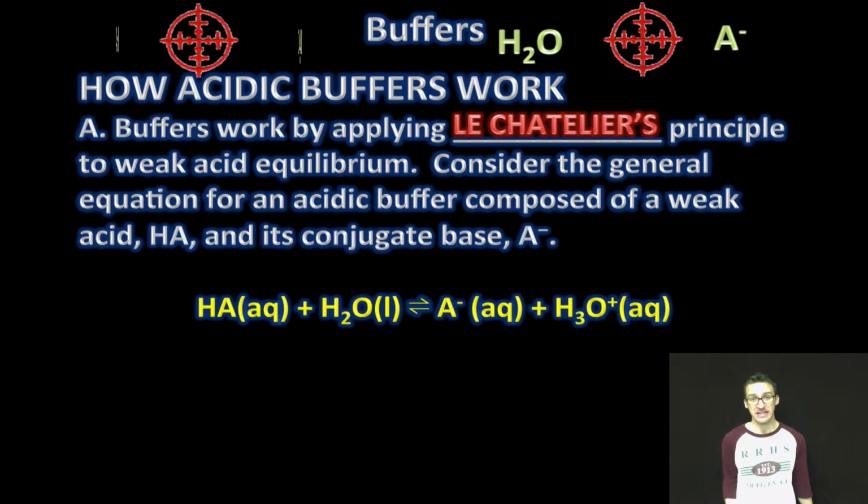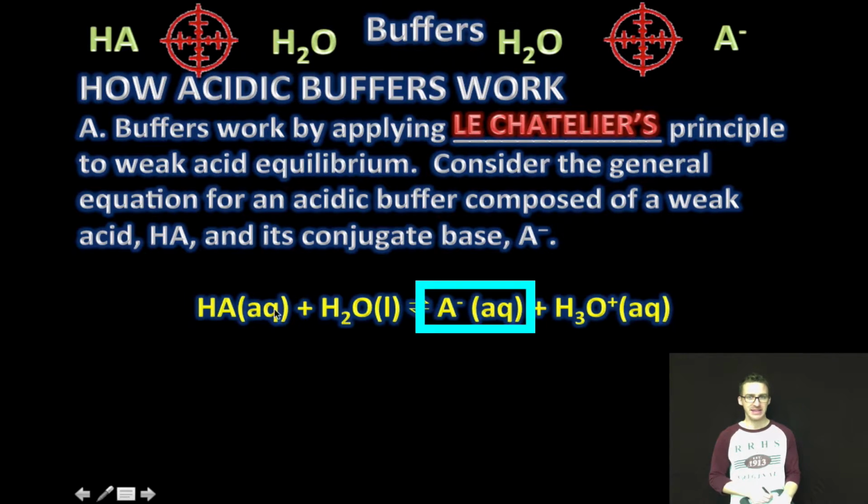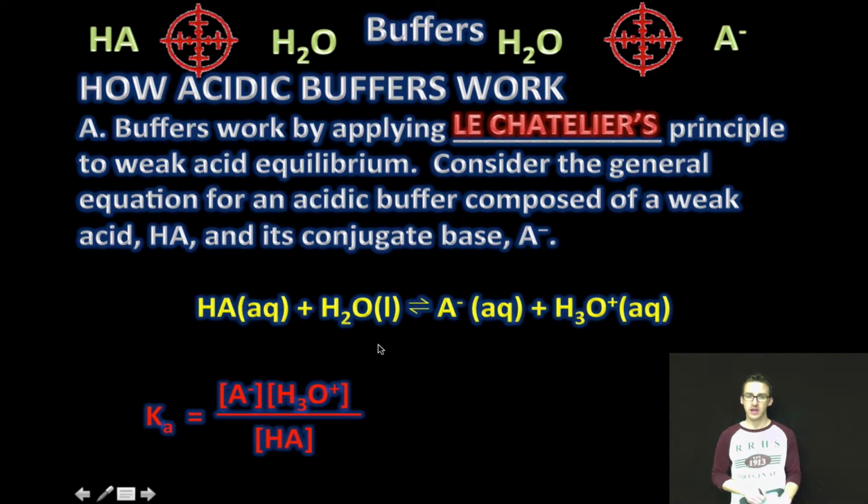How do they resist changes in pH? So let's consider the general equation for an acidic buffer composed of a weak acid, HA, and its conjugate base, A-. Now remember, we've got to have both of these things in solution in order to make a good buffer. And as we work through this, I want you to think about the equilibrium constant for this buffer system.